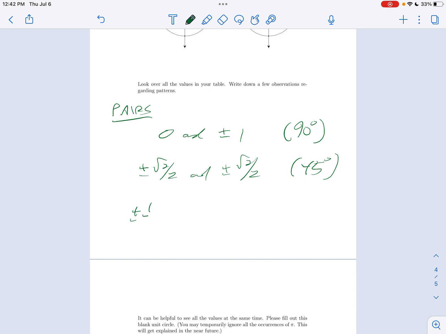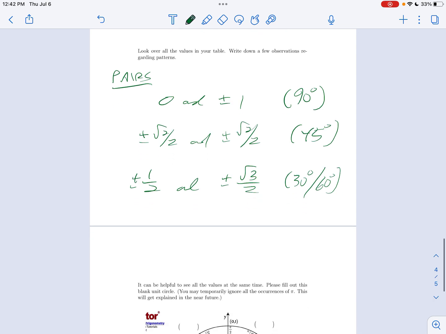Or we could have that one of them is 1/2, either positive or negative, and the other is root 3 over 2, either positive or negative. And that occurs for things like 30 degrees and 60 degrees. And keep in mind that this number here is substantially bigger than 1/2.